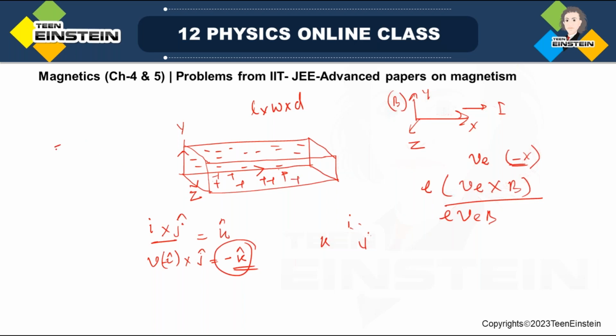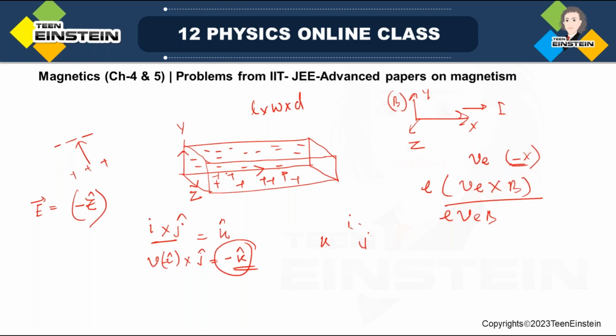So when there is a surface with negative charge and another surface with positive charge, there will obviously be an electric field like this. The electric field direction will be along the negative z cap direction, because the electric field is from positive to negative.